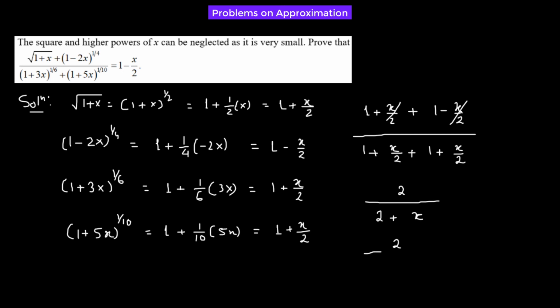Now we factor out 2 from the expression in the denominator, so we'll have 2 times 1 plus x over 2. So we factor out the 2 and that leaves us with 1 plus x over 2 raised to the power of negative 1. We apply the binomial theorem and that will give us 1 minus x over 2. So this is proved.